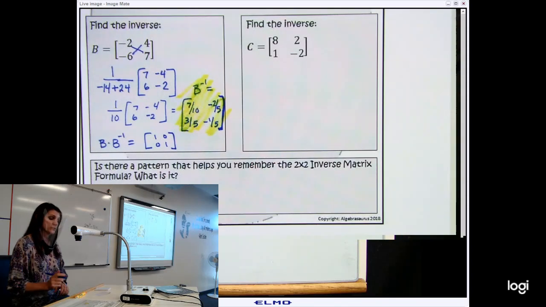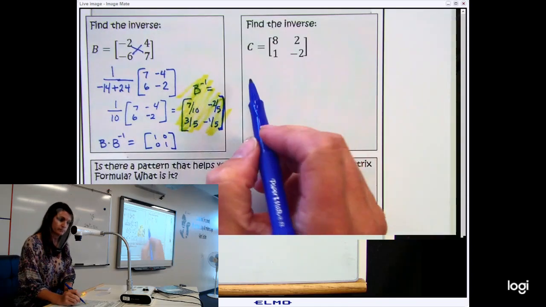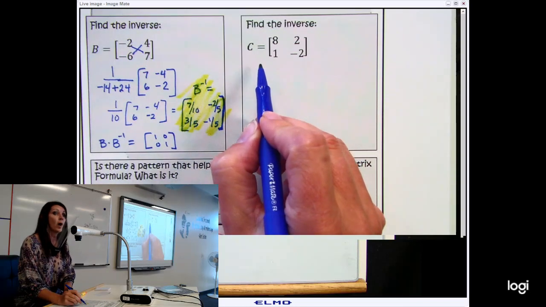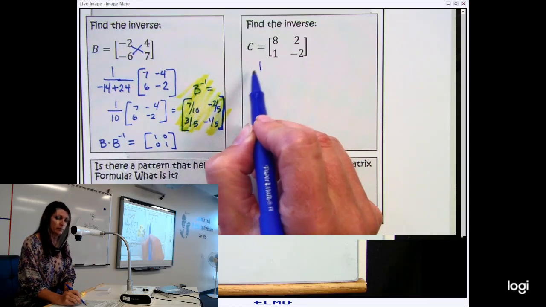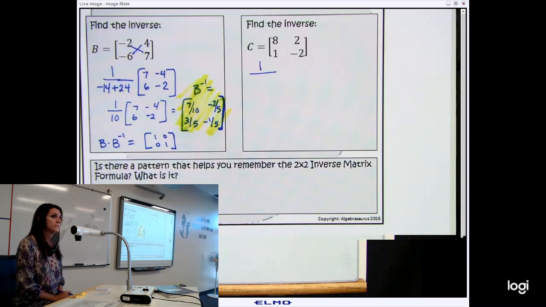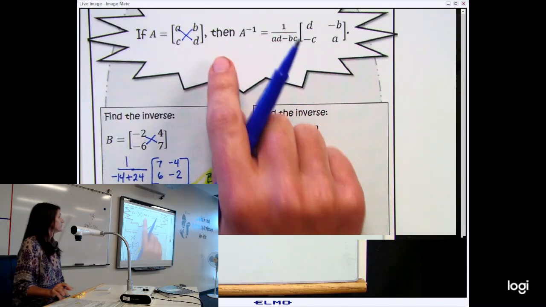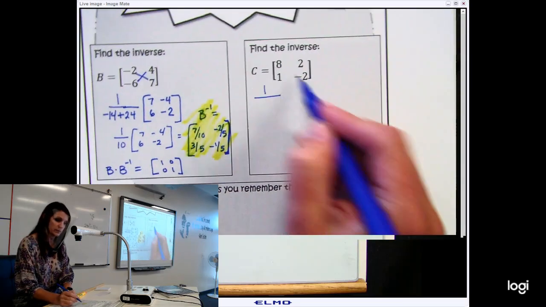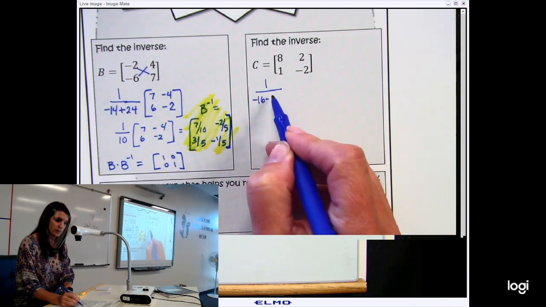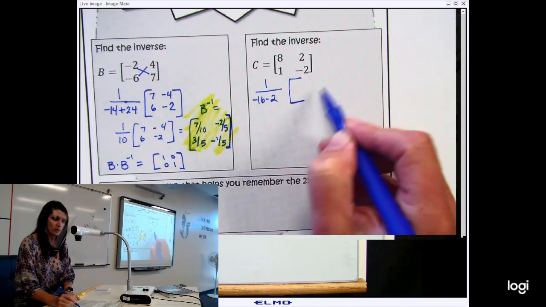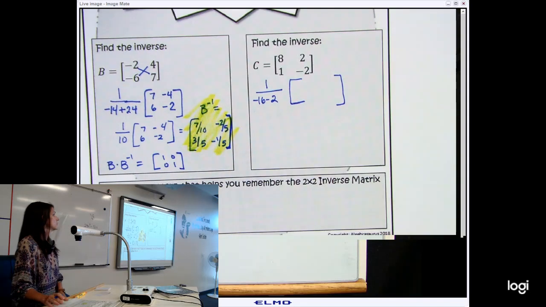What do we do first? One over what? AD minus BC, which is just the determinant. Negative 16 minus 2. You shake up that matrix without me, and then we'll compare.